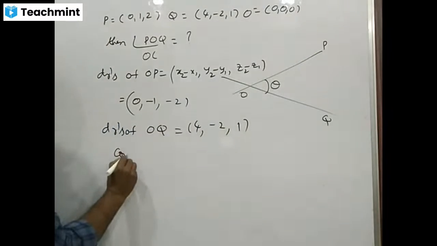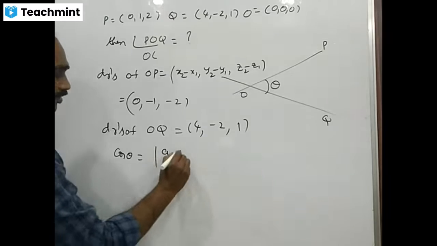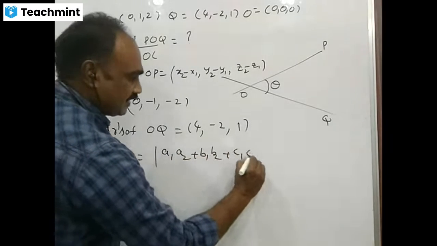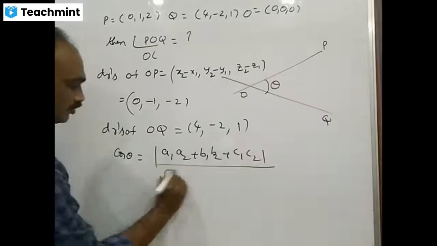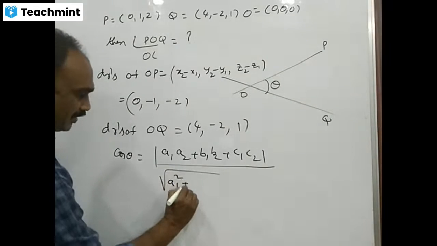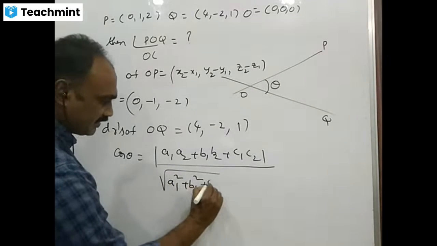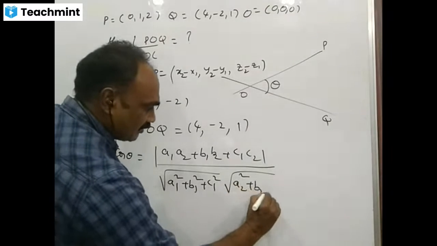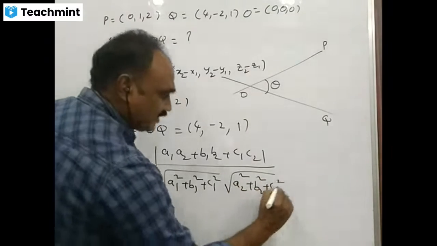Friends, angle between lines: cos theta is equal to the formula mod of a1 a2 plus b1 b2 plus c1 c2 by root of a1 square plus b1 square plus c1 square into root of a2 square plus b2 square plus c2 square.